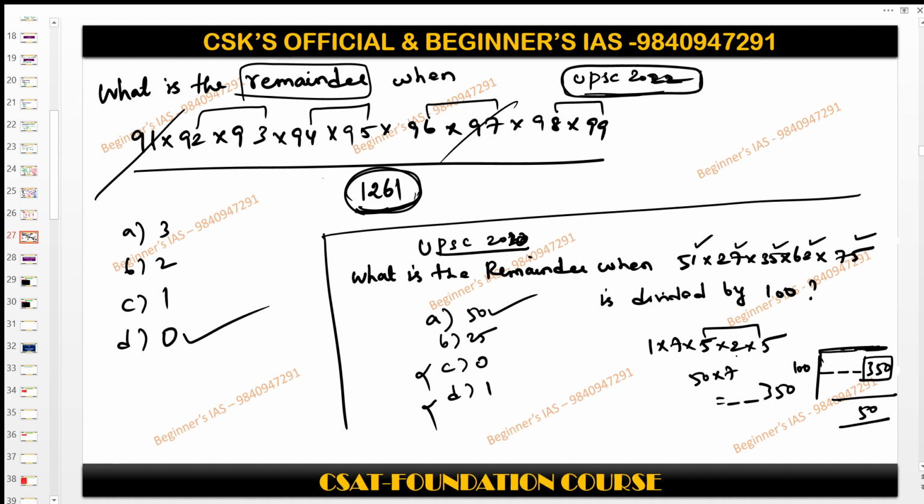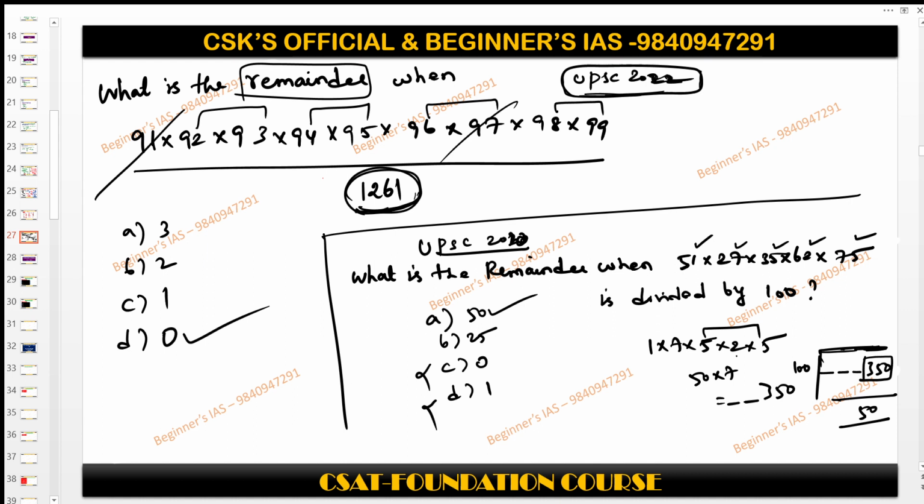What is the factor of 100? 10, 5, 2, a lot of factors are there. Even if you express that as factors, you need to check whether it is completely divisible or not. No, it was not. 2 was left in the denominator.